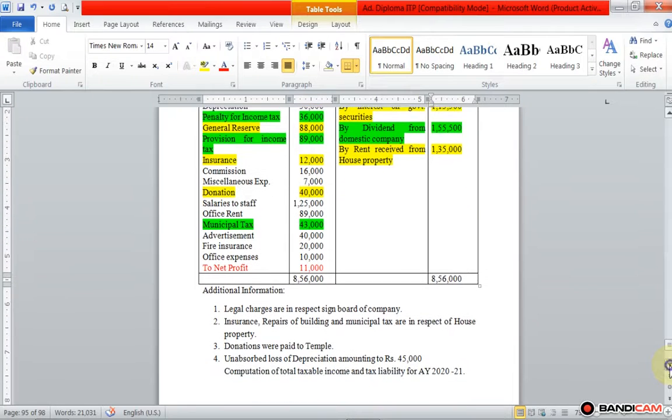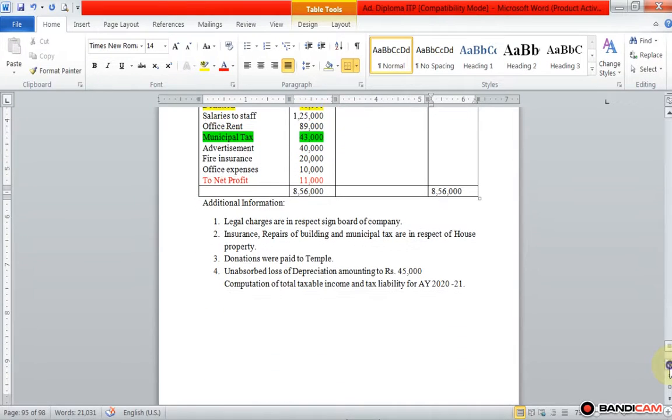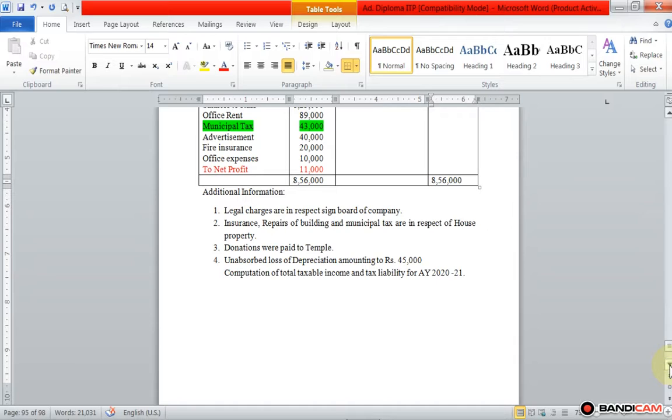So here we identify expenses and income: those expenses which do not relate to the company, and that income which is not earned by the company from business activity but from other sources. Now we solve this problem.